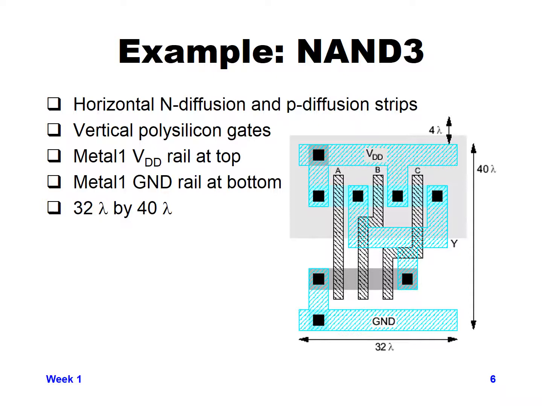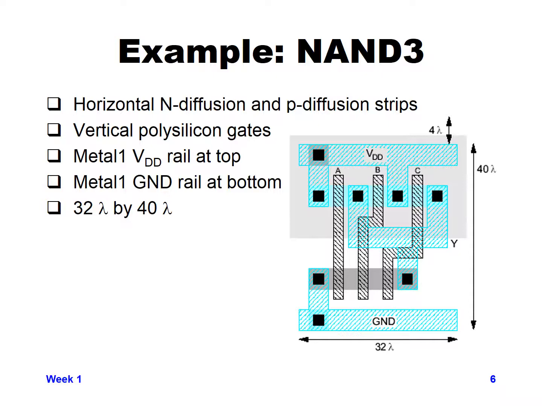So adding up all of that, the polysilicon, the contacts plus the well overlap of all that will give you the minimum horizontal distance.